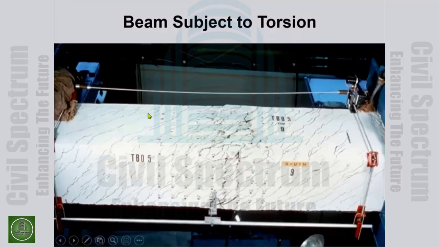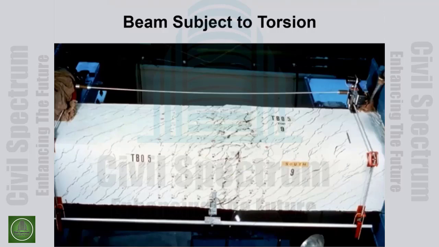We are all familiar with spirals, and spiral cracking is characteristic of torsion. When you see spiral cracking, you know that torsion is causing it. And in those diagonals, there is compression. The concrete diagonals between the cracks are in compression.